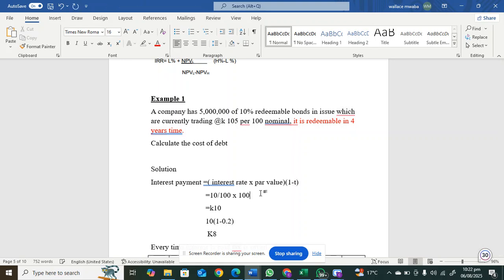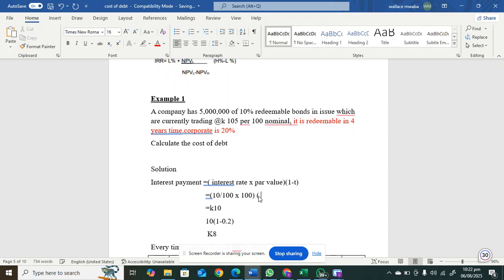Here our interest rate is 10%. Our tax rate, oh, I never put tax here. Corporate tax is 20%.